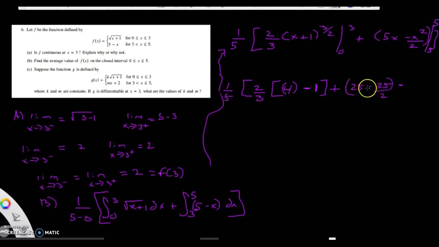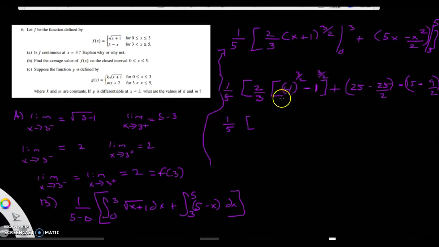Plug in the 3, and now you're going to get 15 minus 9/2. Okay, so now let's simplify this. Oh, and this should be to 3/2, and this should be to 3/2.